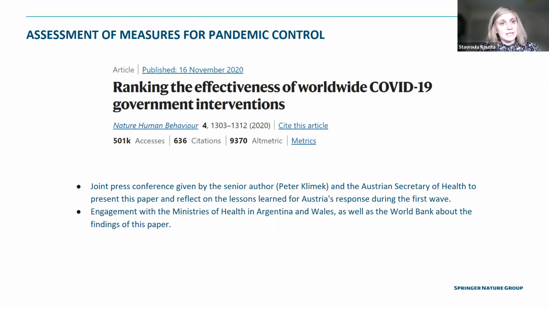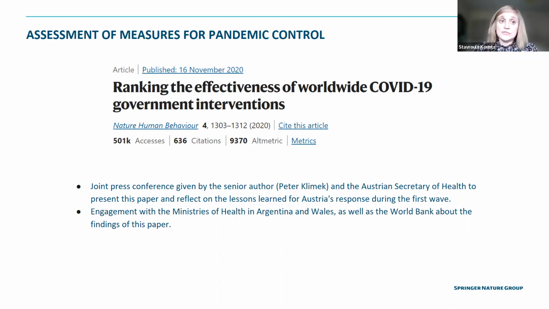And what this paper did was it used more than 50,000 policy decisions and NPIs, so-called non-pharmaceutical interventions, from more than 200 countries, alongside several data on levels of infection and numbers of deaths to estimate the effectiveness worldwide of different interventions to contain the spread of COVID-19.